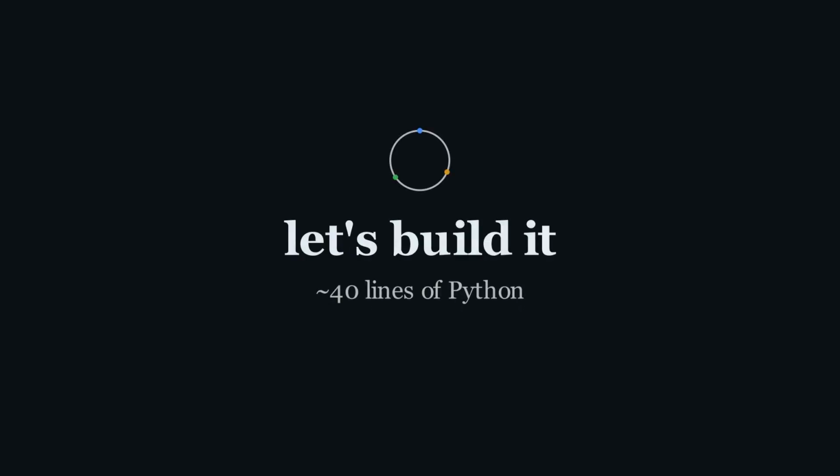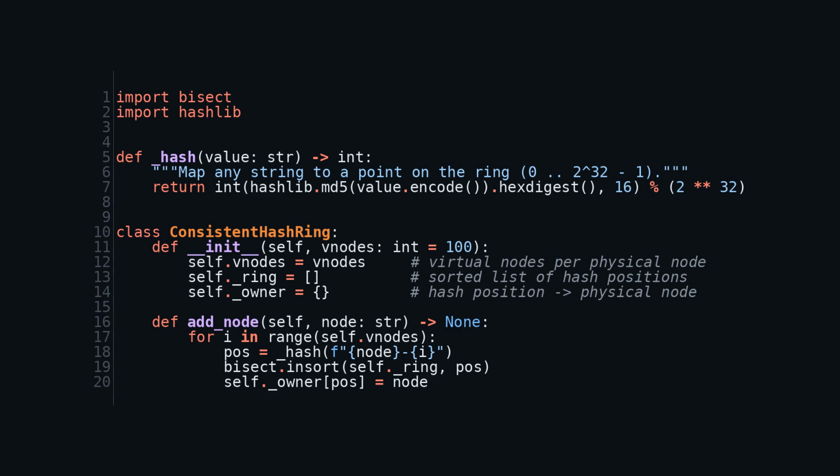So how much code is this really? About 40 lines. Let's look at it. The ring itself is just a sorted list of hash positions. The hash function maps any string, a key or a server name, to a number between 0 and 2^32. And adding a node, we hash it 100 times. Those are the virtual nodes, and we insert each position into a sorted list.